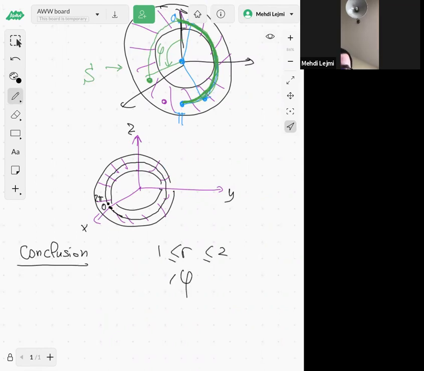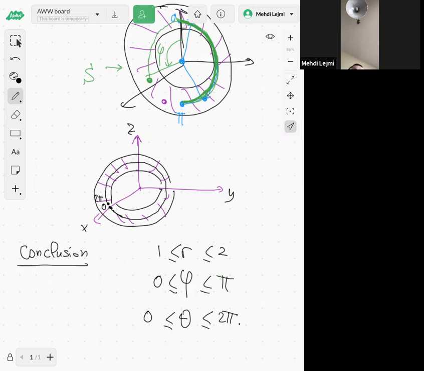Phi, there's no restriction, and by definition it goes from 0 to pi. Theta, by definition, goes from 0 to 2 pi, and there's no restriction on theta for this specific example. There's only a restriction on r. You need your radius to be between 1 and 2.